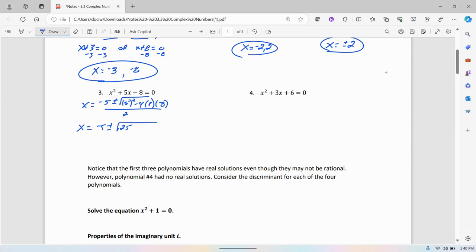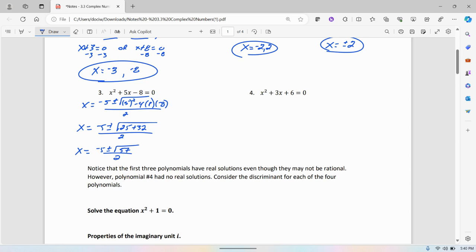Then I have a negative 4 times 1 is negative 4, times a negative 8 is a positive 32. So this answer is messy, but I have negative 5 plus or minus the square root of 57 all over 2. Again, like I said, that's messy, but I can use a calculator, get a decimal value. I can leave it as those two exact values.